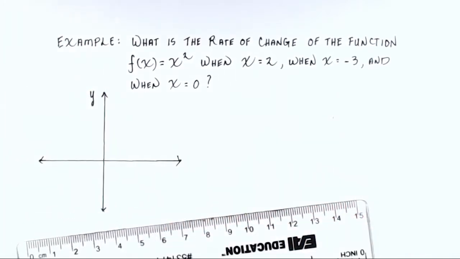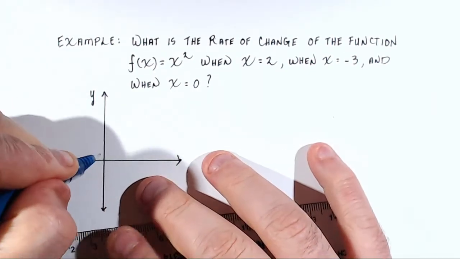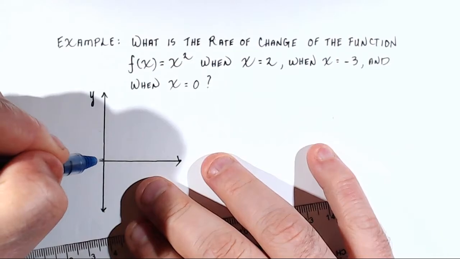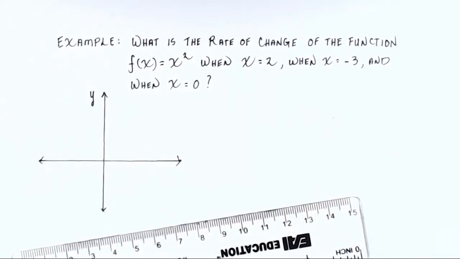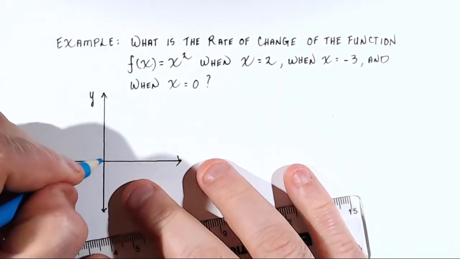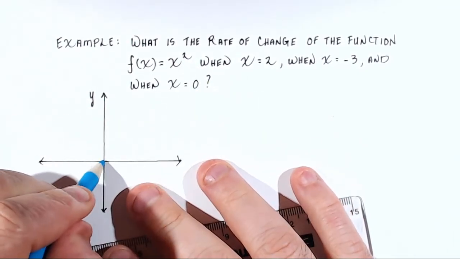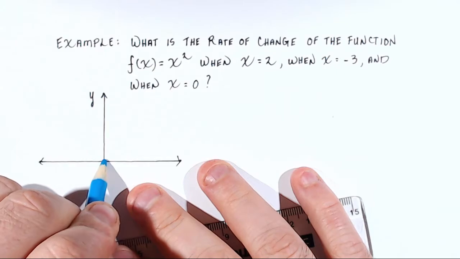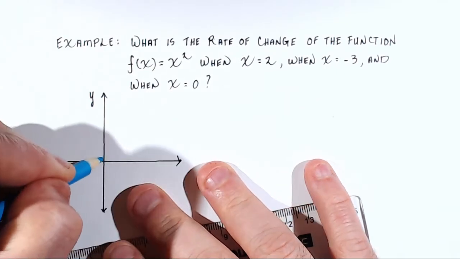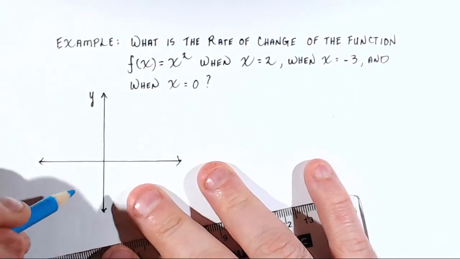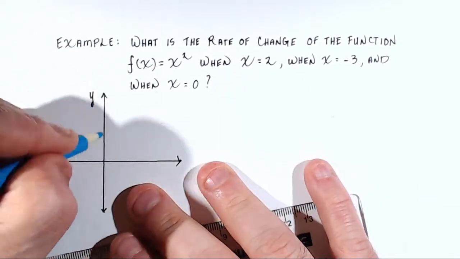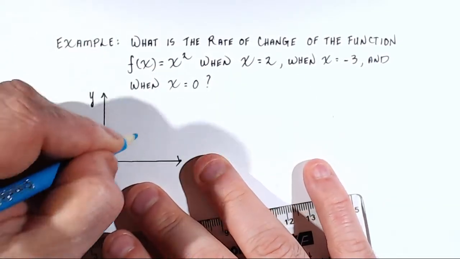Okay, and now we'll plot in our function using this blue colored pencil. So x squared, when it's graphed, has its vertex at 0, 0, and it moves out in an upward sloping fashion to the left and right.